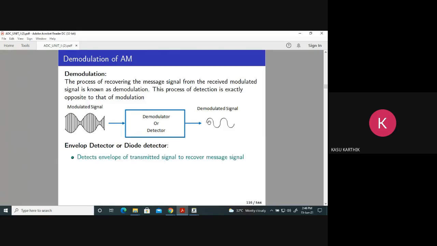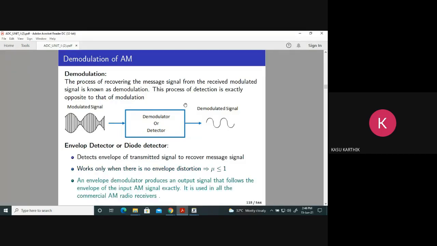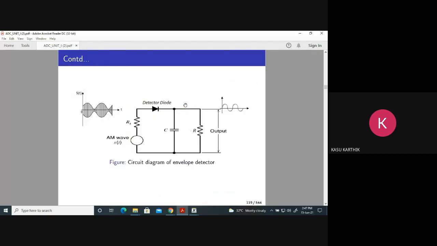It detects the envelope of the transmitted signal to recover the message signal. It works only whenever mu is less than or equal to 1. The envelope demodulator produces an output signal that follows the envelope of the input AM signal exactly. It is used in all commercial AM receivers. This is about demodulation of AM.